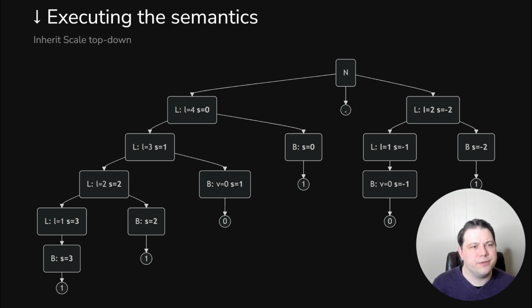In our second pass, we will inherit the scale from the top down. So the scale of left of the dot will start at 0 and then increment as we go down from L to L. So scale of 0, scale of 1, scale of 2, scale of 3, and then the B's just inherit directly. They don't add 1. All right?